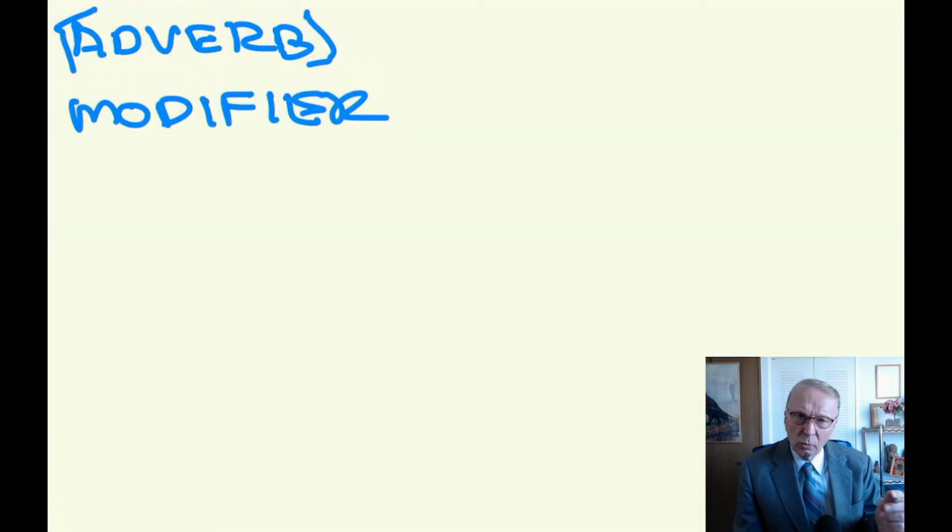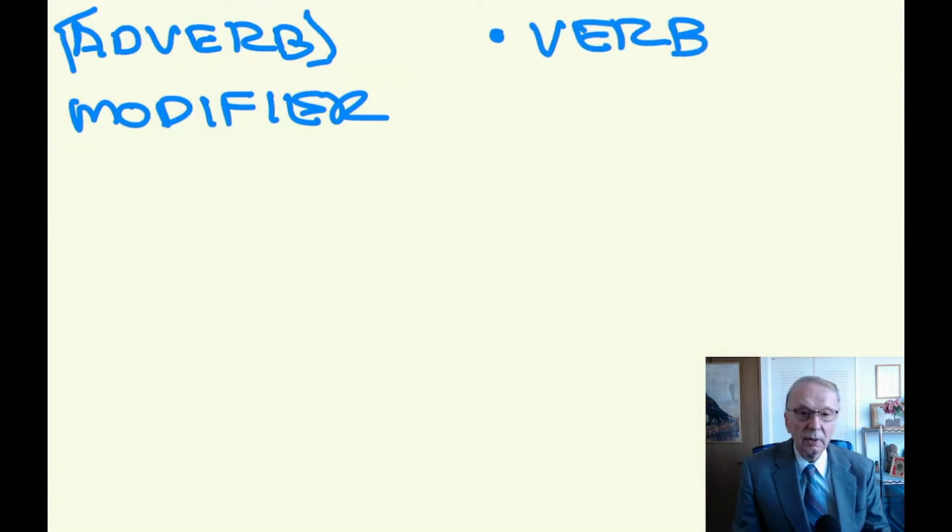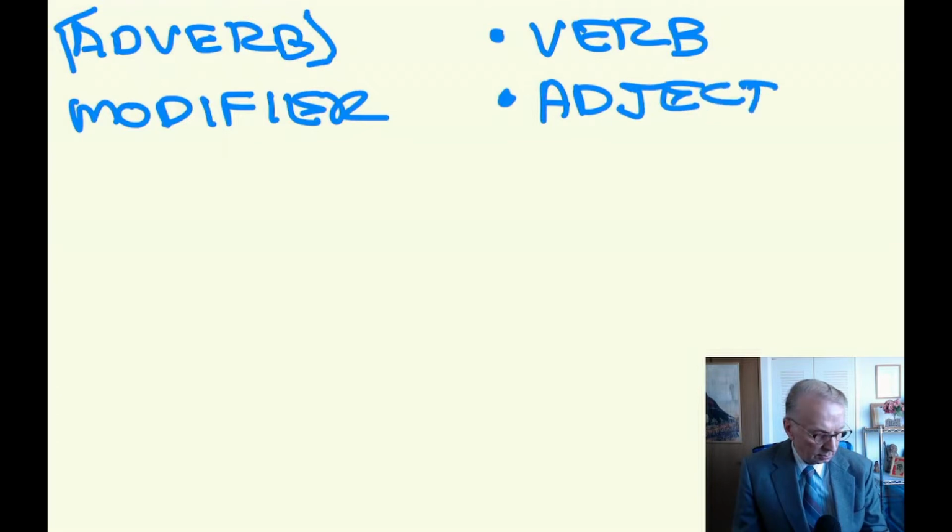So, what kind of words can an adverb modify? Modify is shushoku suru. An adverb can modify a verb, of course, doshi. It can modify an adjective, keiyoshi.